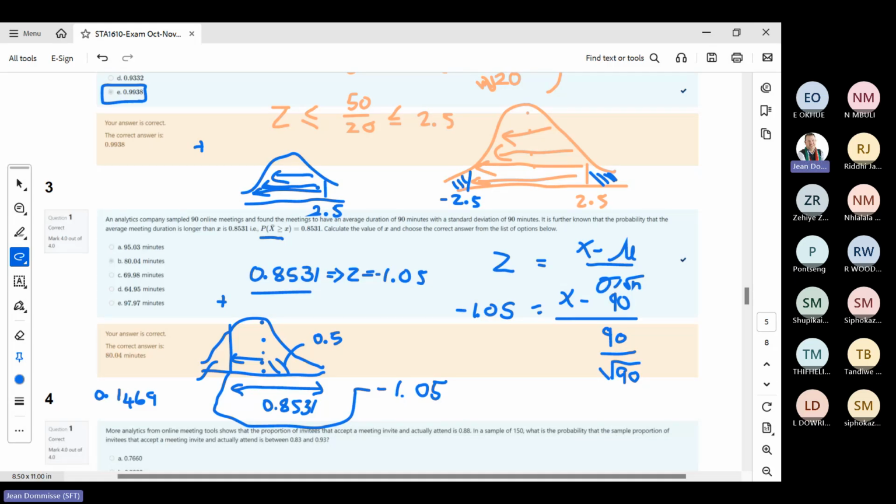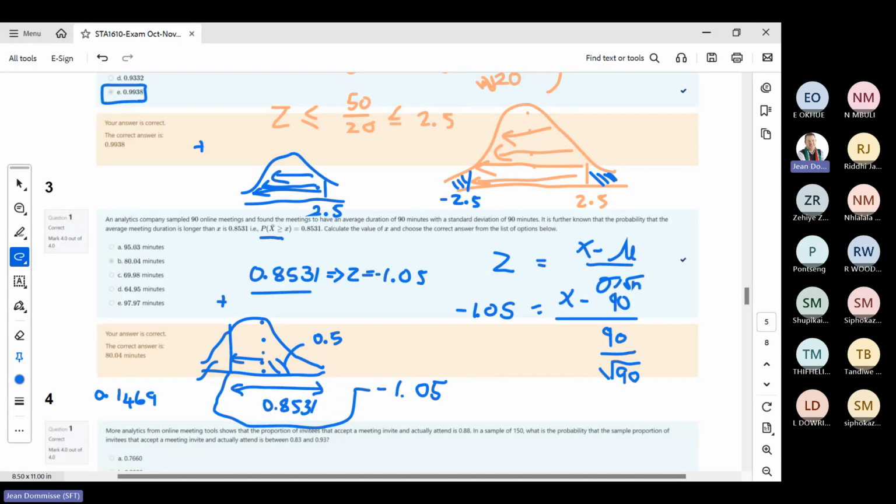Let's see if my calculator can, oh no, okay, we're going to Excel. I don't think my Excel is sharing, because I only have one screen. So I'm just gonna work out a few things. 90 divided by the square root of 90 is 9.48.